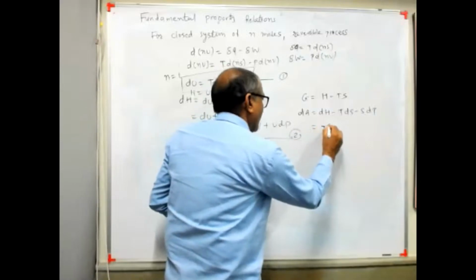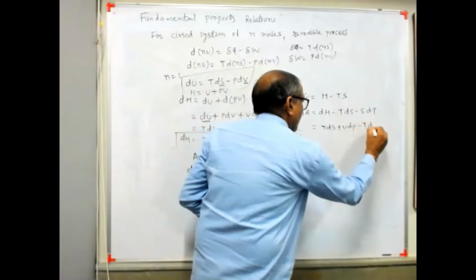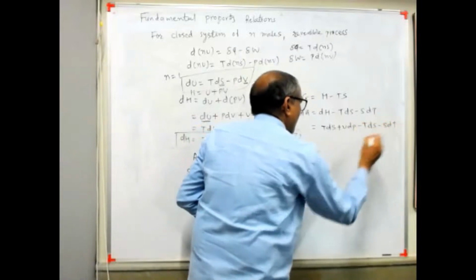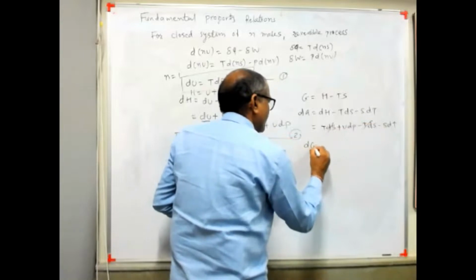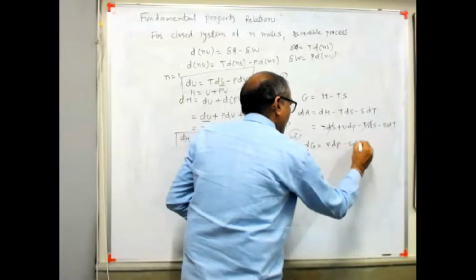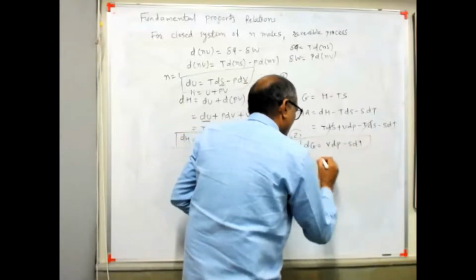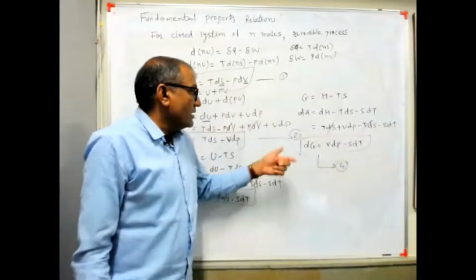So T dS plus V dP minus T dS minus S dT. These two terms cancel and dG would be V dP minus S dT. This is the fourth fundamental property relation.